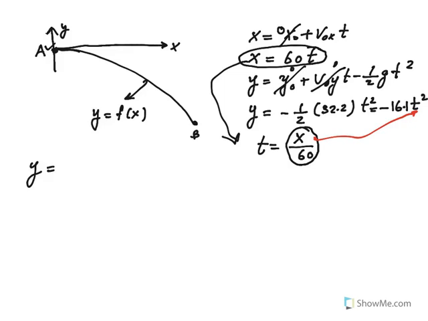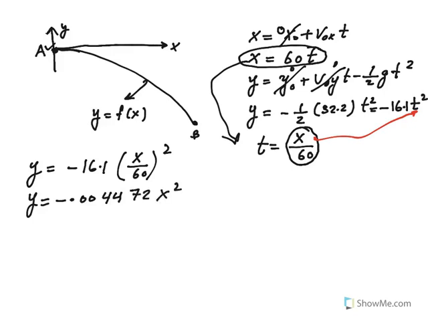So y equals minus 16.1, but what is t? t is x over 60, squared. So if you clean this up, I have written it down here for you, this comes out to be minus 0.00447 x squared. Very small number here as the coefficient of x squared.